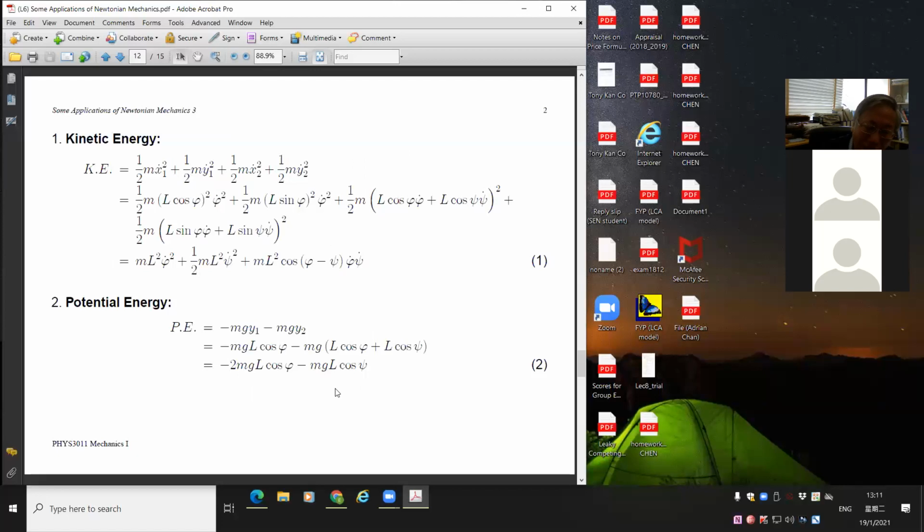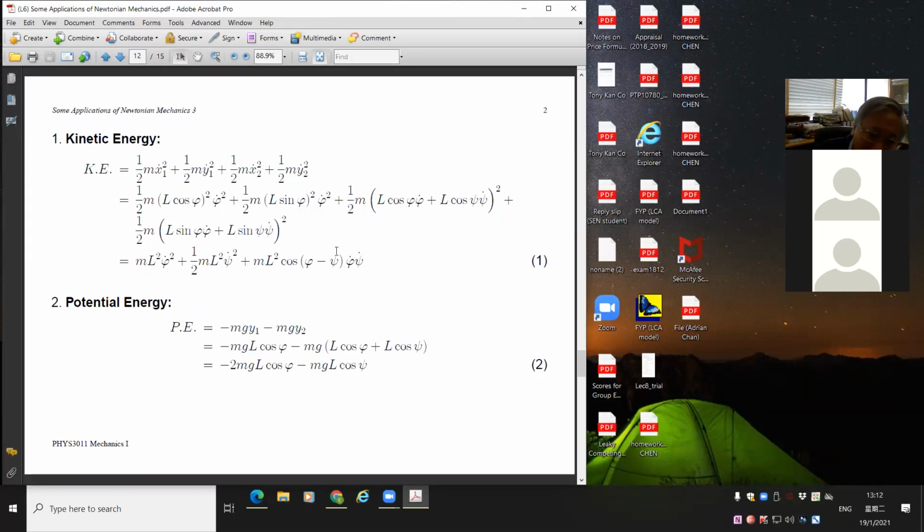Then we have the total energy, and we find that it is very complicated. According to Newton's second law, we can get the equation of motion, but it doesn't make much meaning here.